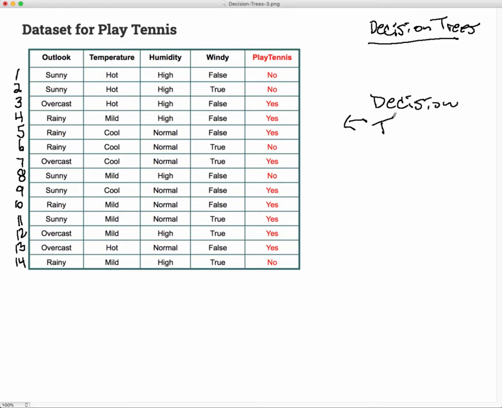And here's the idea, here's the problem of what we are trying to do. We have four variables over here. The variables are called outlook, temperature, humidity, and windy. And these are called the independent variables.